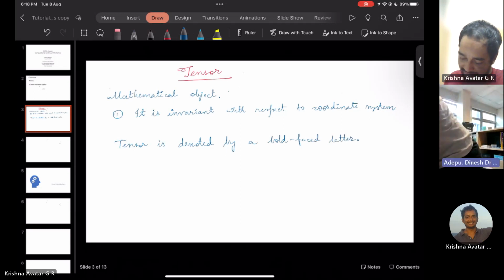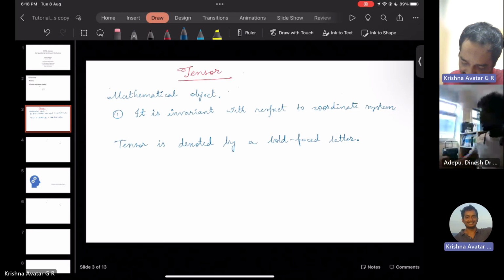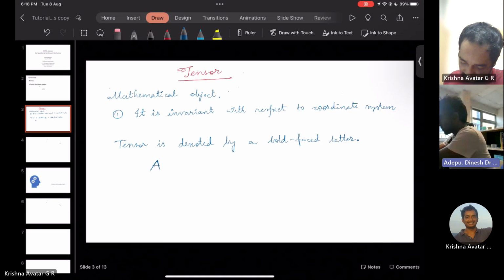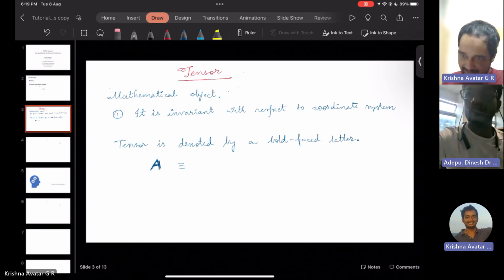Obviously, here I cannot do that, so I'll just denote it differently. So say we have a tensor, tensor A. If we have a tensor A, then we define the rank of a tensor.